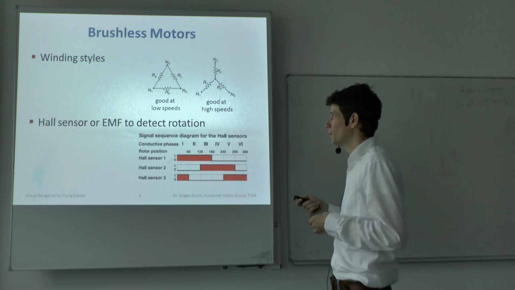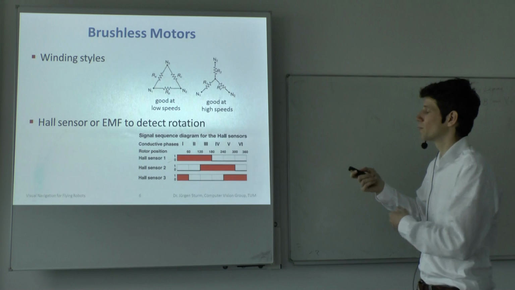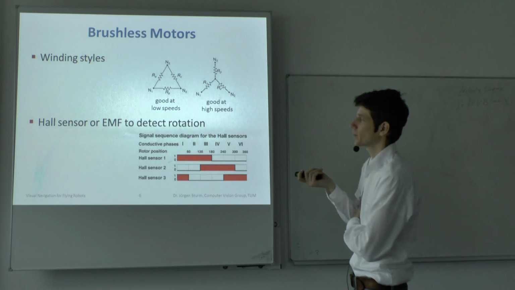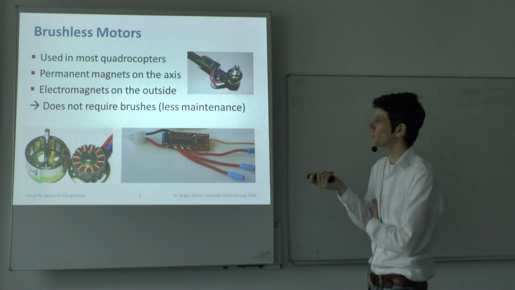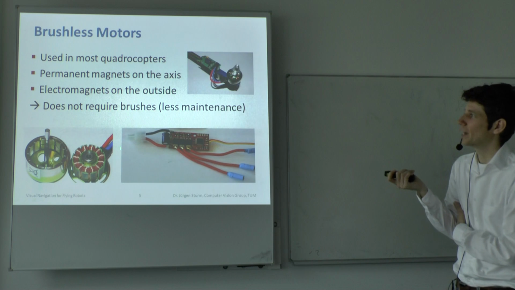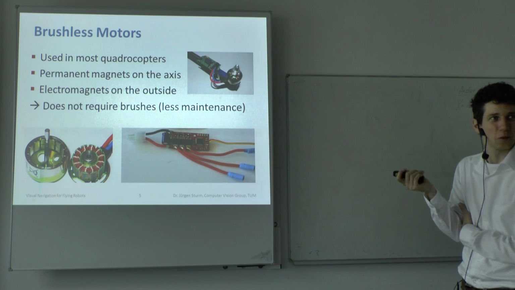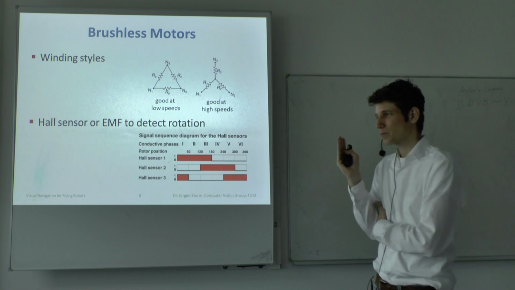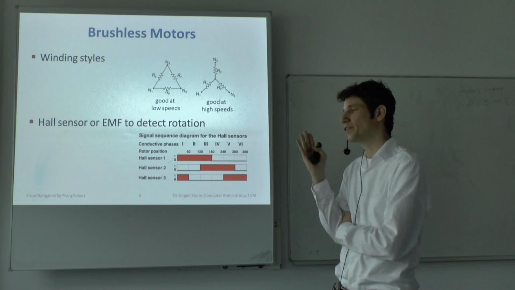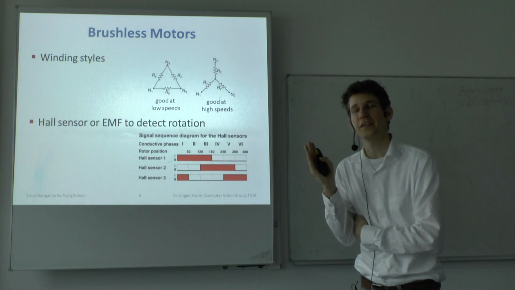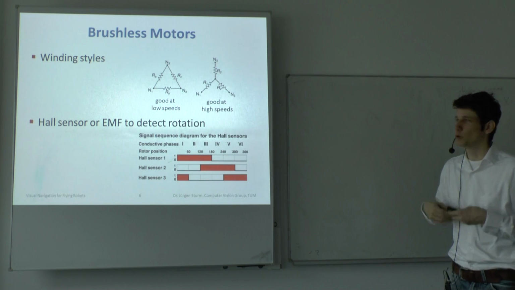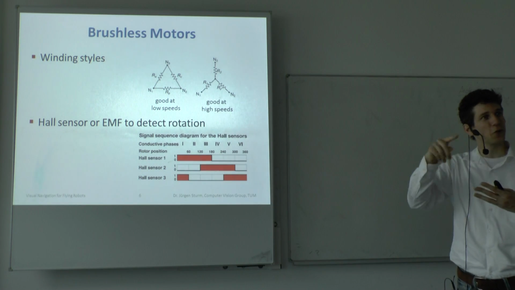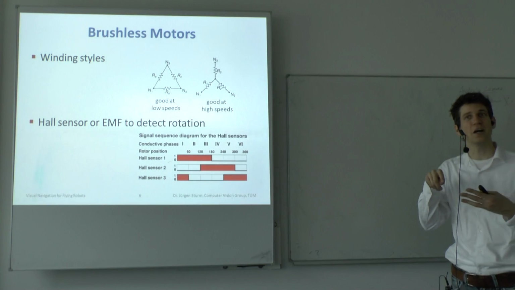The main problem of brushless motors is that we need this motor controller, and the motor controller has to apply the right field to make it rotate. If this motor controller wouldn't have any sensor, then it would induce a certain field, but you could never be sure that the motor is actually rotating as fast as it should.